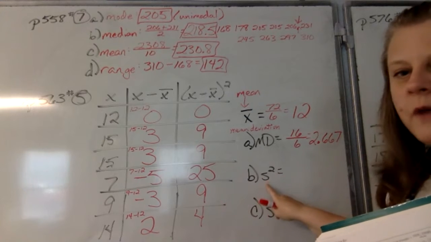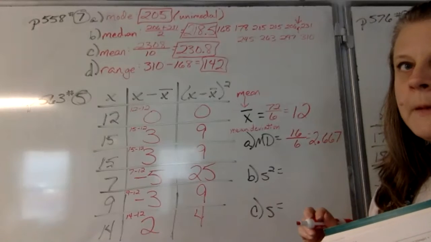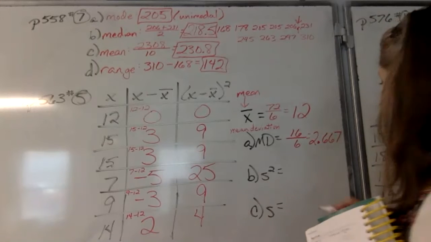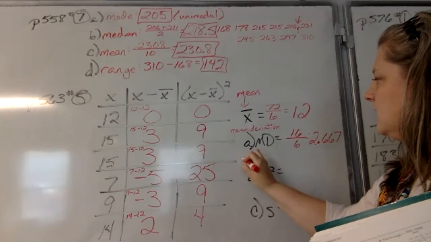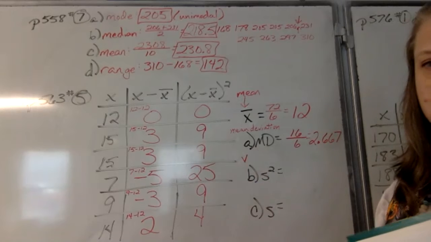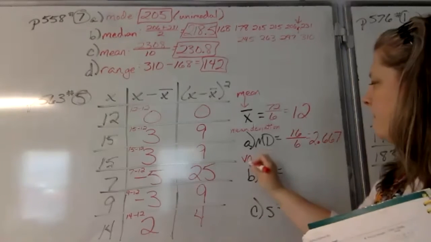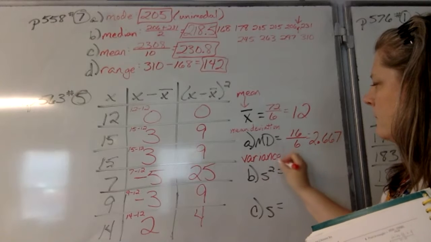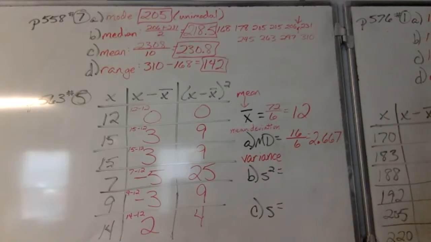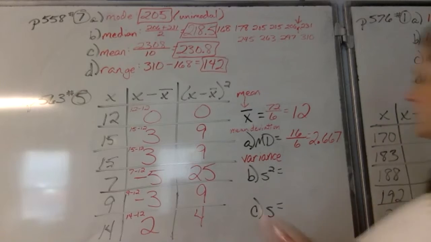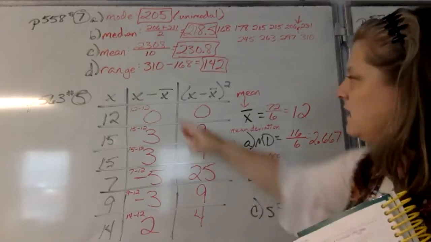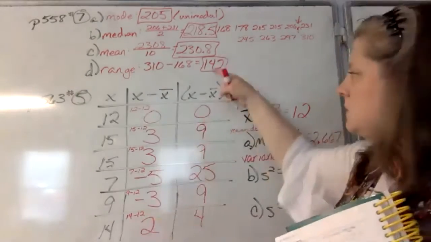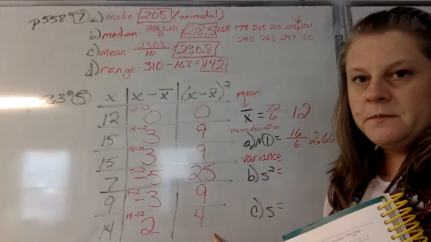What does the S squared stand for? Start with a V. It's called the variance. Now for it, instead of using this column, we use this column.